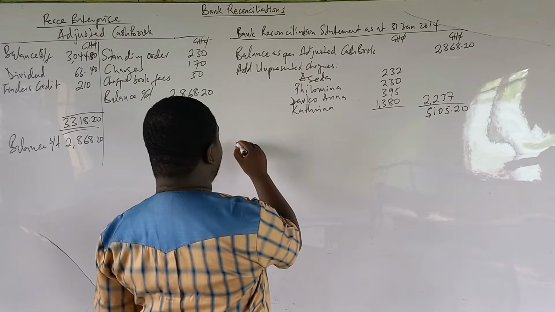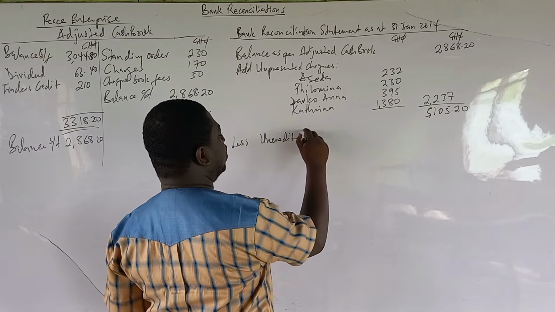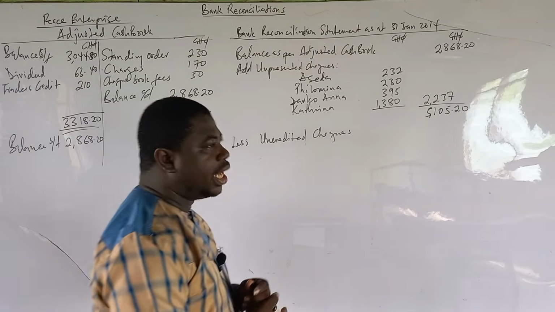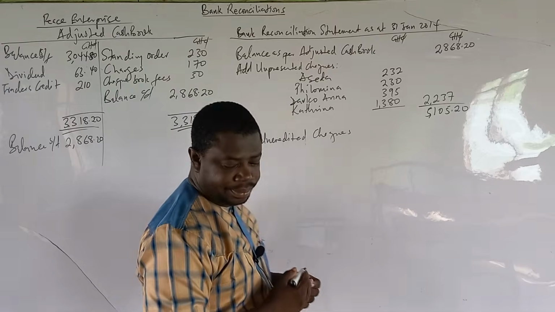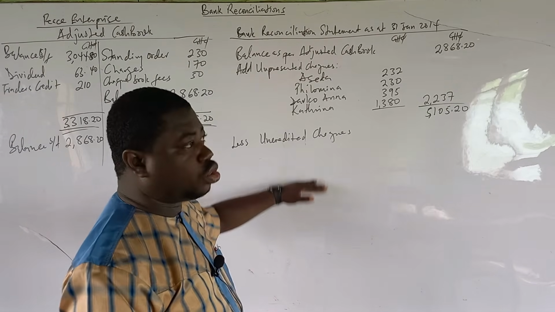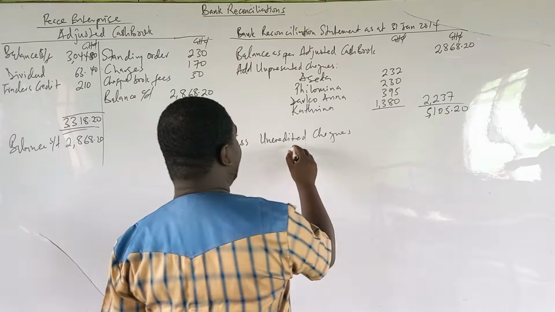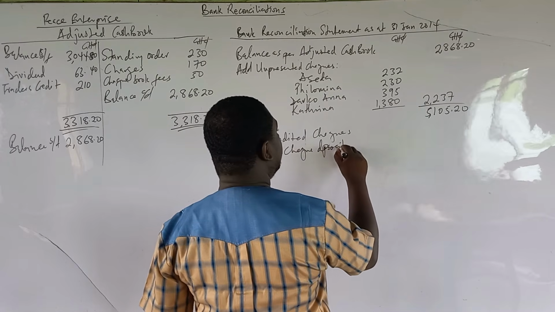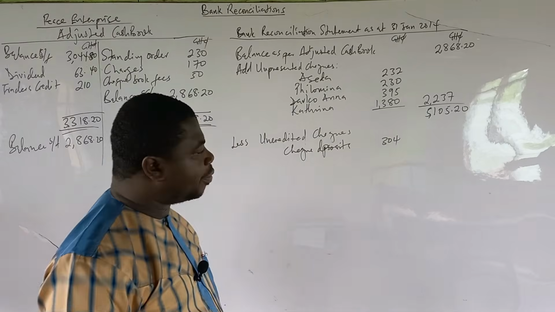Then we take out, or we less, uncredited checks and equivalents. So there were some of them that were just cash that was not credited, but we still treat them like uncredited checks. And from our analysis, you can remember that we discovered just two of them. So we are going to list the 2 and then use that. There were some check deposits that were not credited to the value of 304. You can refer to that from the question.